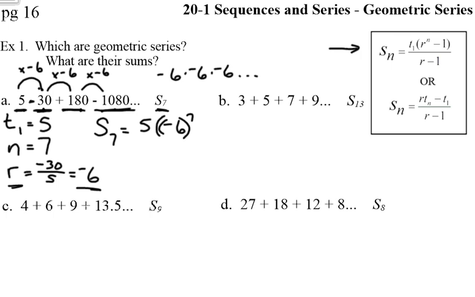So continuing, term 1, 5 times negative 6 to the 7 minus 1 all over R, which again is negative 6, minus 1. There's the calculation we have to do. Now, order of ops. We have to be careful to follow order of operations. Some of you might choose to plug this entire thing into your calculator at once.